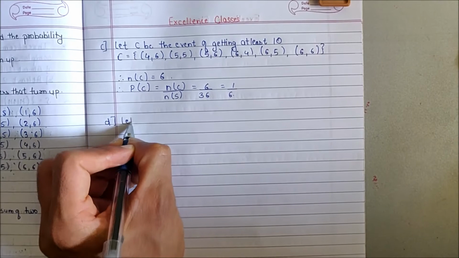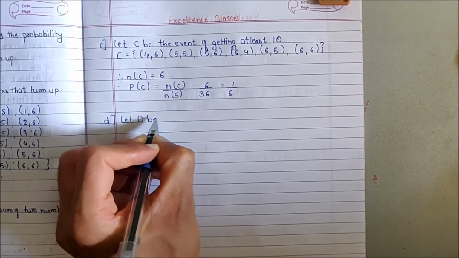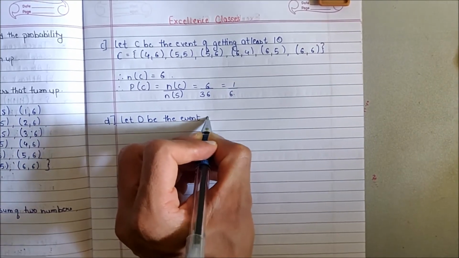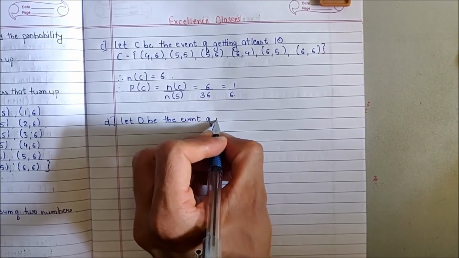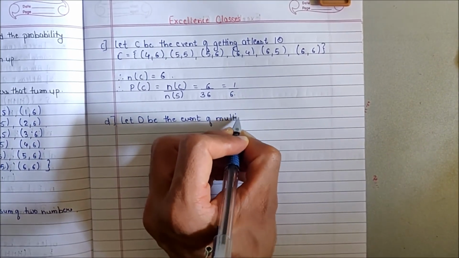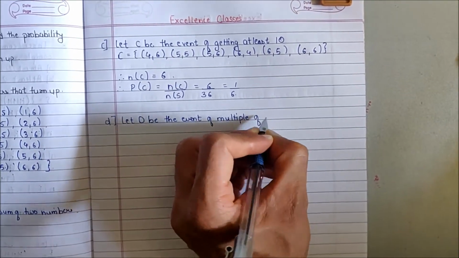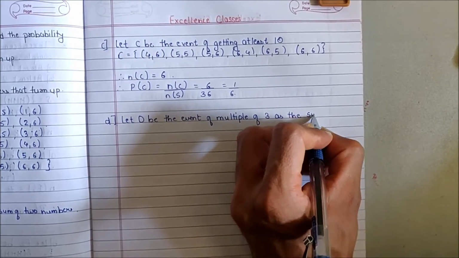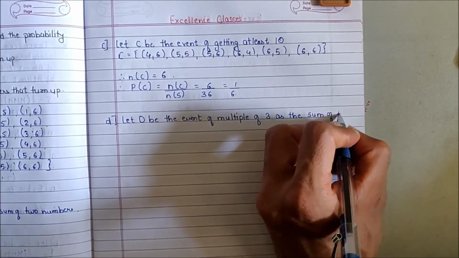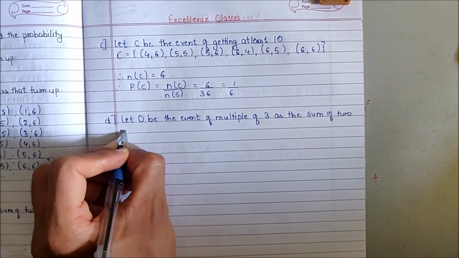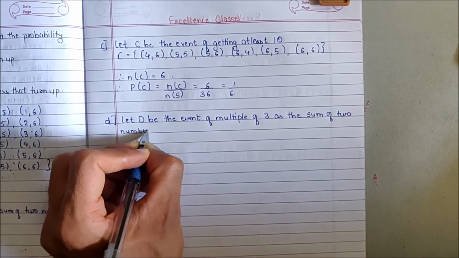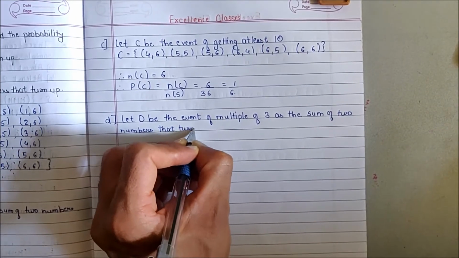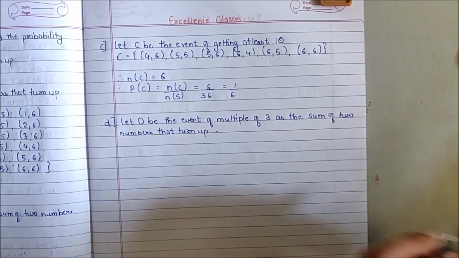So let D be the event of a multiple of 3 as the sum of two numbers that turn up.